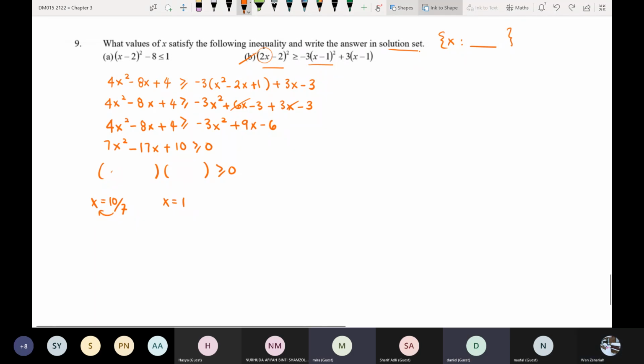So it is 7 times x. 7x equals 10, and then 7x minus 10, must make it equal to 0. So 7x minus 10, and this one x minus 1.